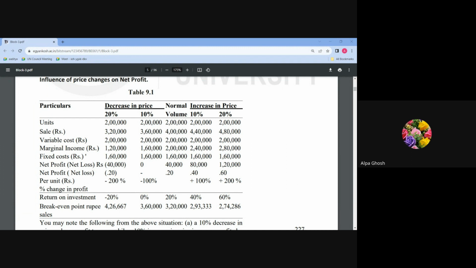Or else, if it is 2 rupees, 2 minus 0.4, that is 1 rupee 60 paisa. So 1.60 multiplied by 2 lakh, you will get 3 lakh 20,000. So here it is not 4 lakh, it is 3 lakh 20,000 because there is a decrease in the price. You understood? Okay, ma'am.